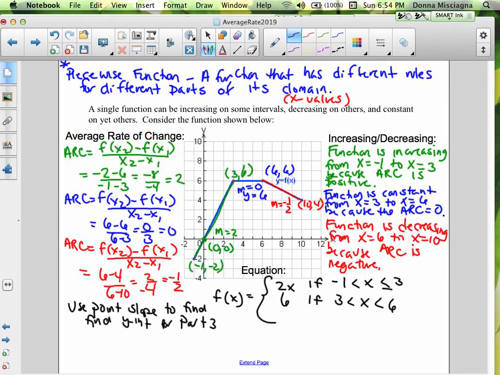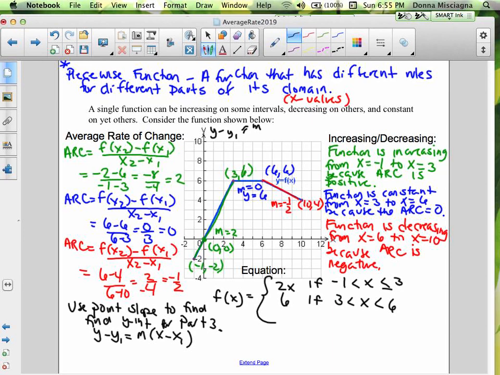All right, so if you remember point slope, let's use it up here so I don't have to lean over. It's y minus y1 equals m times x minus x1.